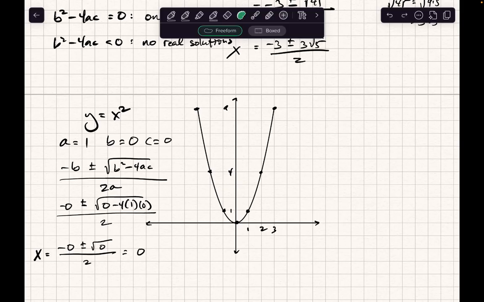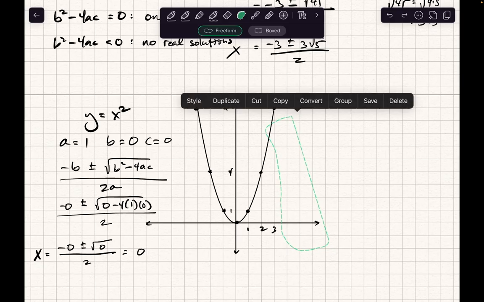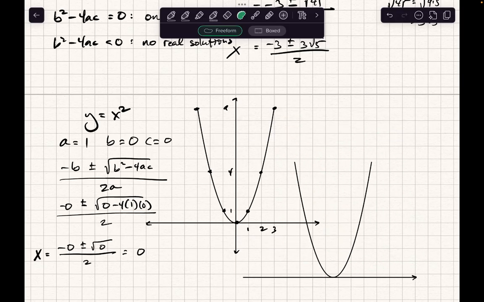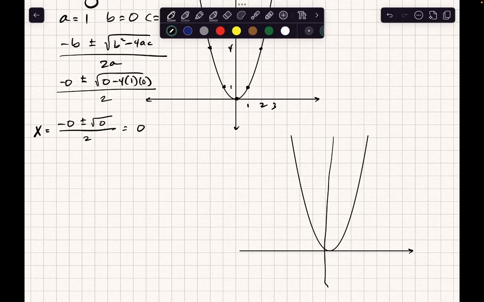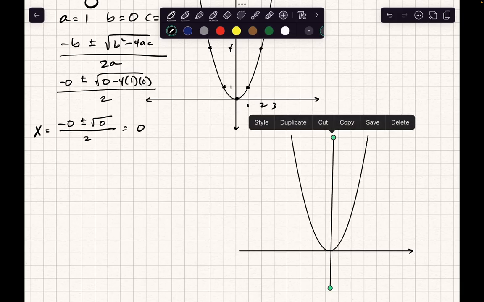Let me copy this over so I can move it around. I can do a transform of this graph. If the solution is just 1, the line will touch the axis 1 time, and if there are 2 solutions, it will touch 2 times. Yes, and then what happens if there's no solutions? It won't touch.